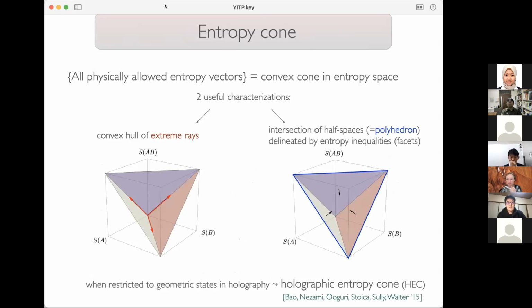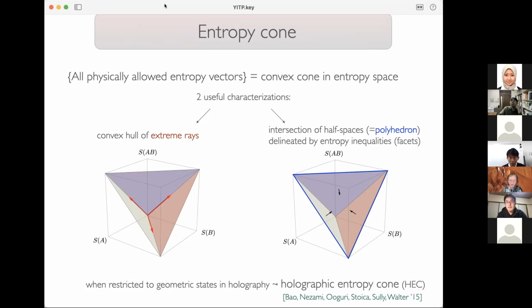Well, it's naturally characterized by a region of this entropy space, and it happens to be a convex region, which is a convex cone in entropy space. So the set of all physically allowed vectors for any sort of subsystem forms a convex cone in entropy space, and you can usefully characterize it in a variety of ways.